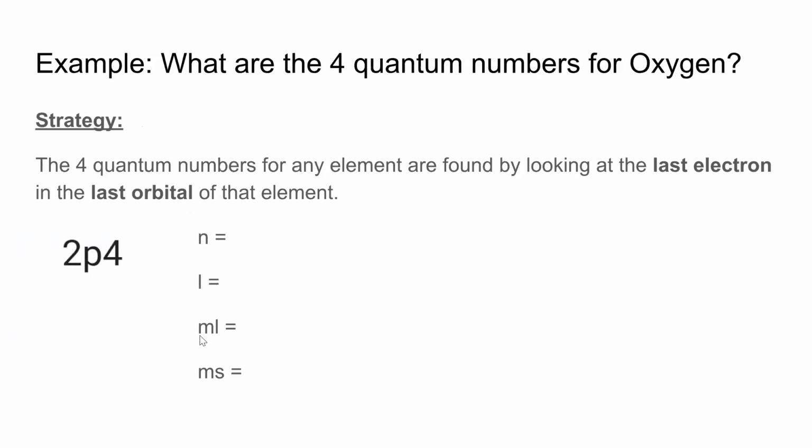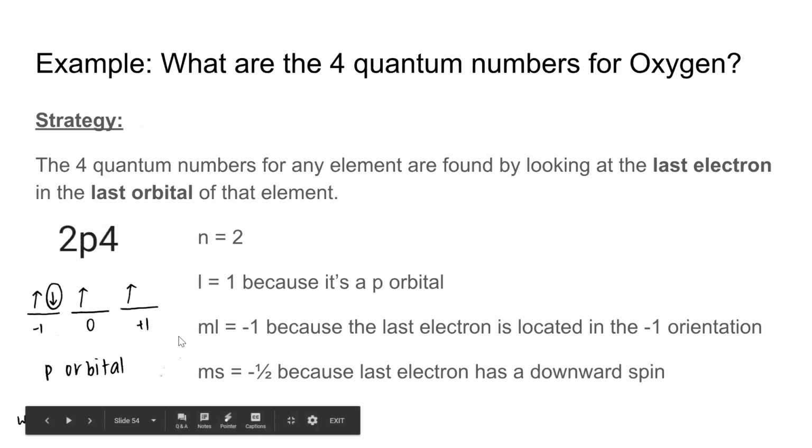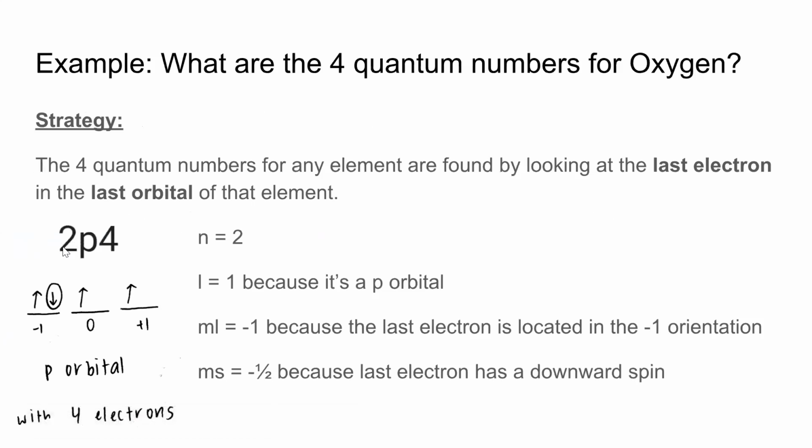So you have n, l, ml, and ms. The first number in front, this 2 right here, is your n, your principal quantum number. L has values up to n minus 1, so l can either be 0 or 1.